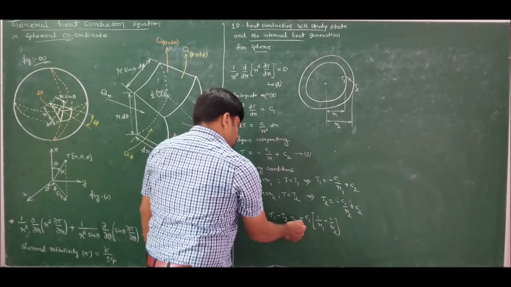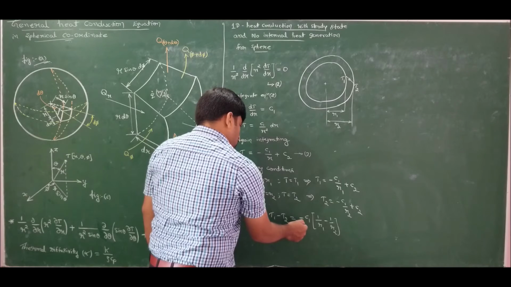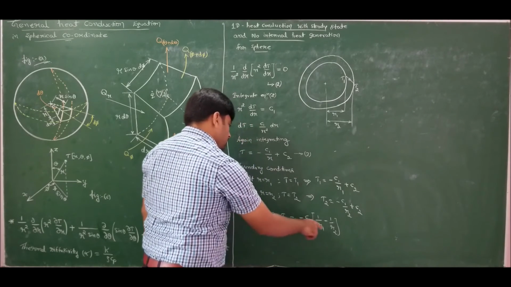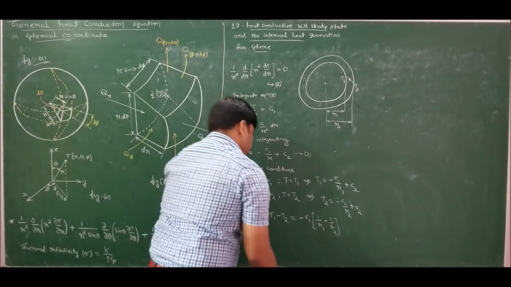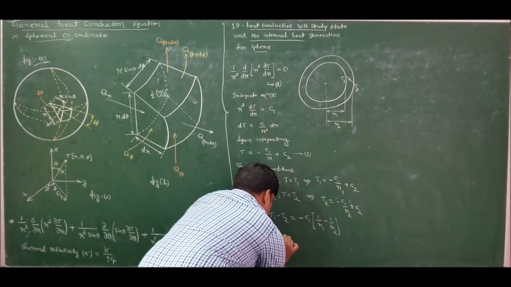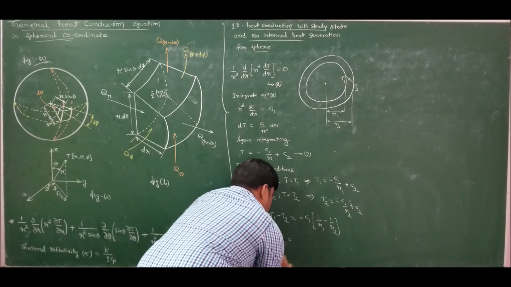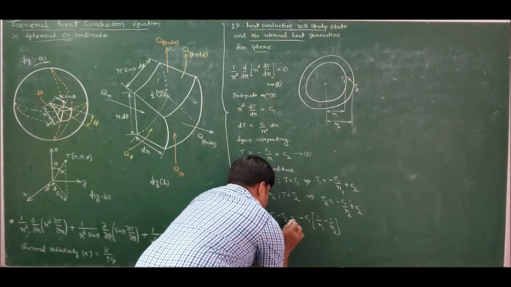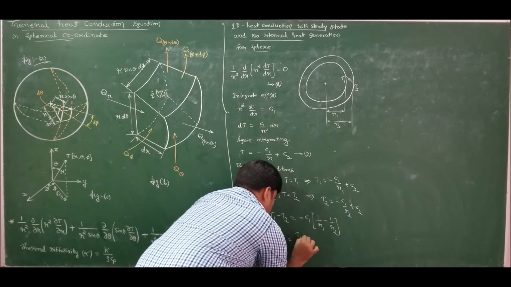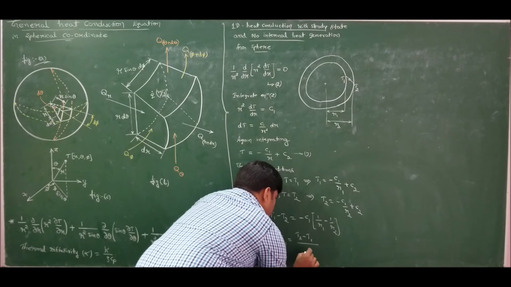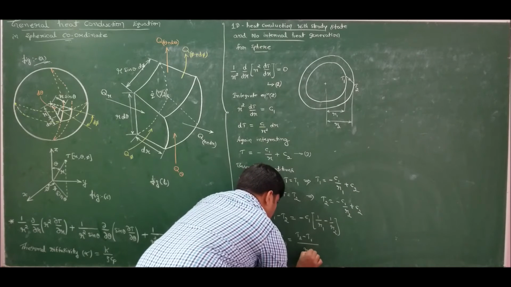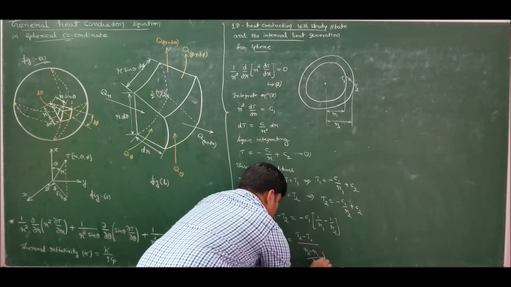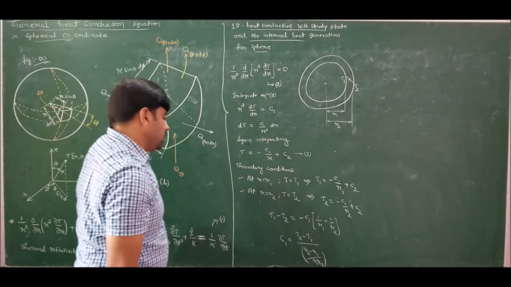Let me keep the minus sign as it is, and if I simplify, I will get the value of C1 as: C1 will be equal to, I will take the minus sign to the left hand side, it will become T2 minus T1 divided by R2 minus R1 by R1 R2.